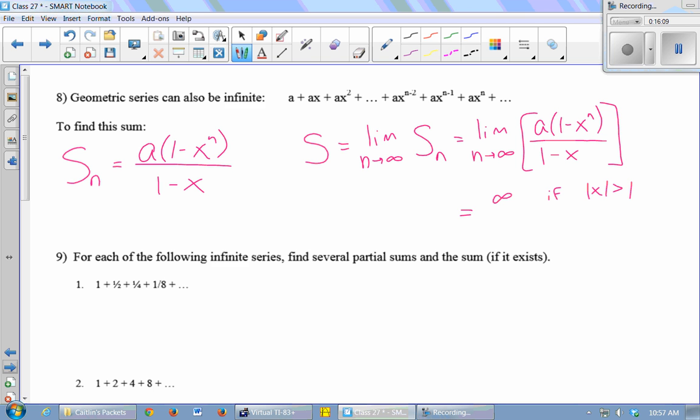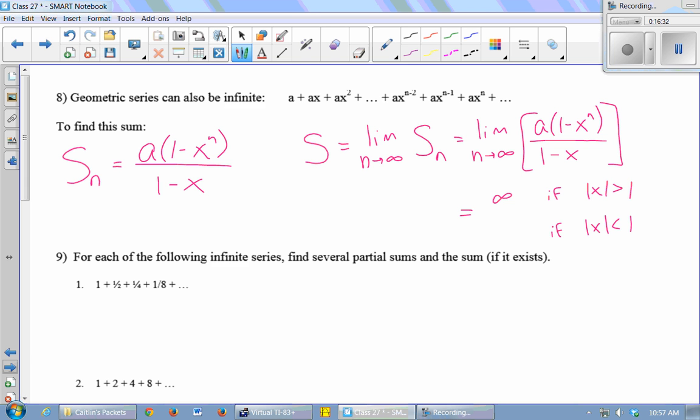And what about if x is less than 1? What if x is a fraction, a small number? What happens to x to the n when you raise it to bigger and bigger powers? A teeny number to larger and larger powers goes to 0.